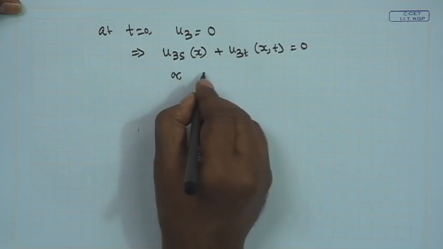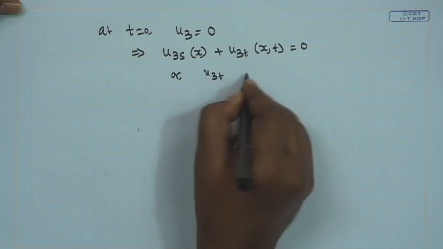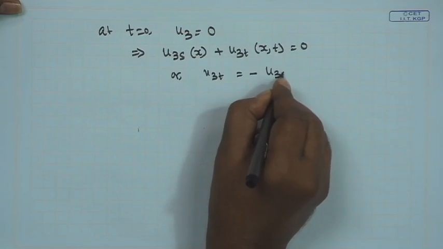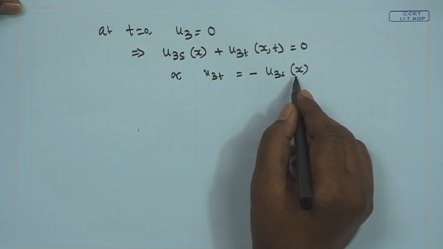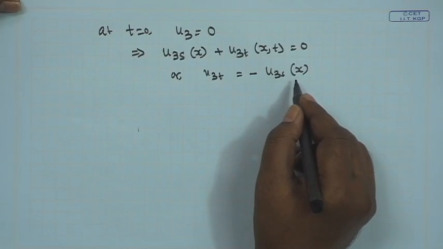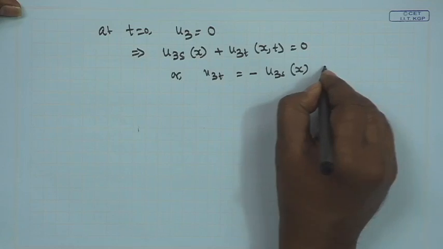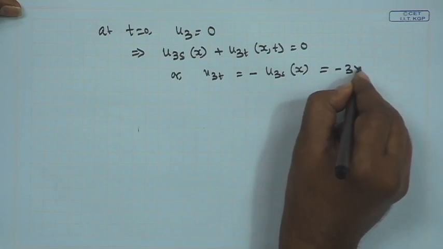So, we write U3T should be equal to minus U3S, that is a function of x. And what is U3S? That is the steady state solution, and we know the steady state solution. We just found out that U3S is equal to nothing but 3x. So, U3T will be nothing but minus 3x.